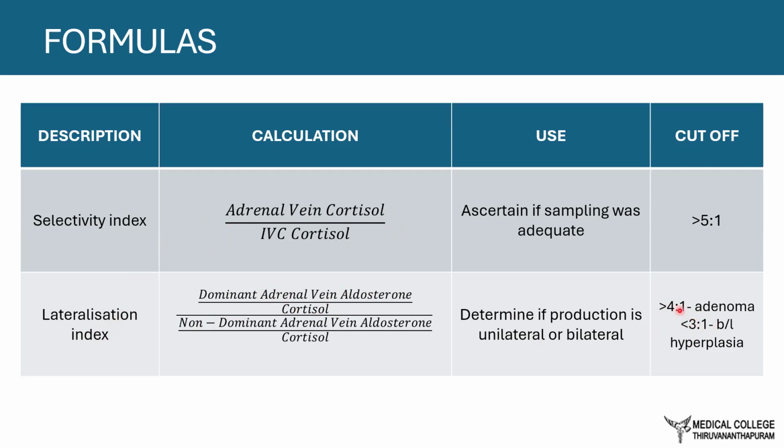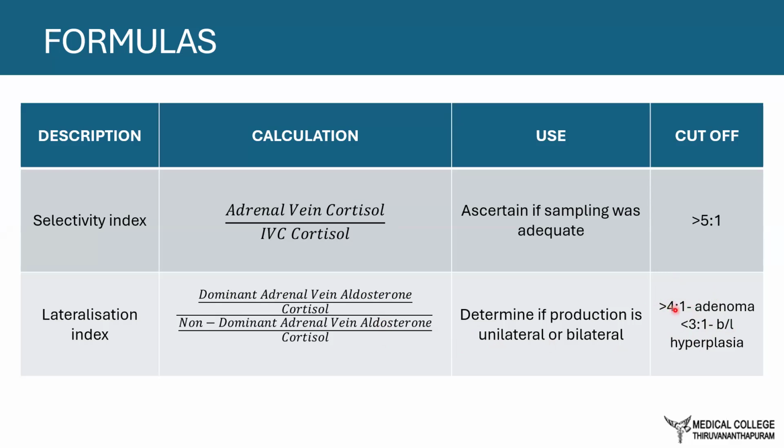Meaning if one side is going to produce more, naturally it is from an adenoma, and that is the location of the adrenal from where it is being secreted. If it is less, that means both sides are almost equally secreting, so the ratio will come down. That means both the adrenal glands are secreting, in which case removal of both adrenals cannot be done. So the patient should be continued on no other option but medical treatment.